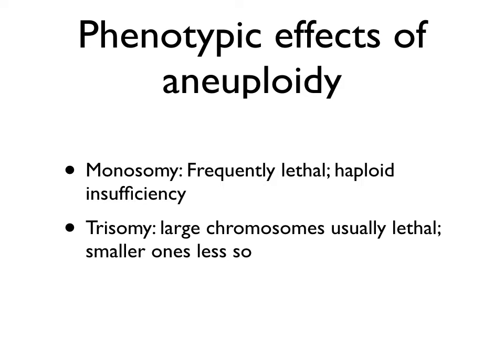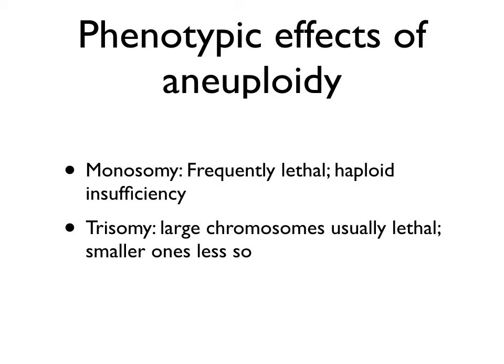So this is a very lethal condition in humans, but it can occur in other species. And the reason it's believed to be so detrimental to the well-being of the individual that bears this mutation is due to something called haploid insufficiency. And basically, this is exactly what it says. If you are haploid, if you have only one copy of a chromosome and all the genes on it, that is insufficient for the production of all of the gene products that are encoded on those chromosomes, okay?